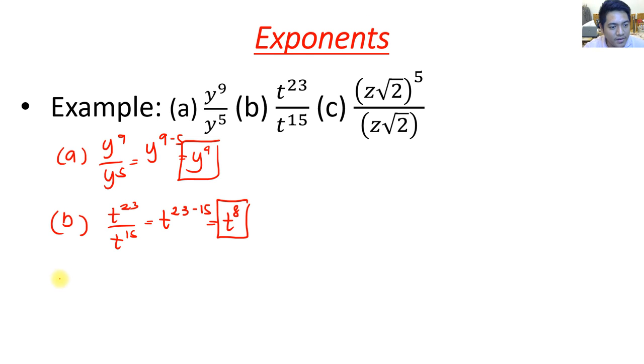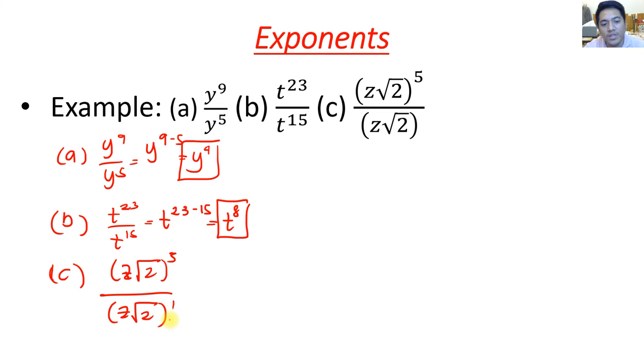Okay, so for letter C, we have z square root of 2 quantity raised to 5. Then on the denominator, you have z square root of 2. So obviously, we know that the exponent of that is 1. So that would be z square root of 2, meaning 5 minus 1. And that would be z square root of 2 raised to 4.